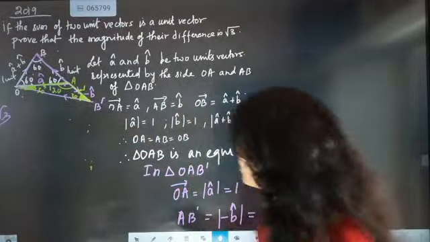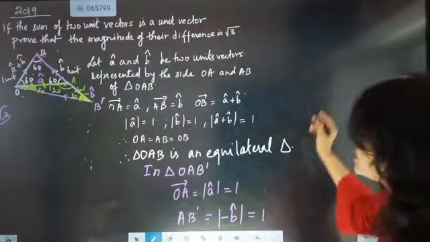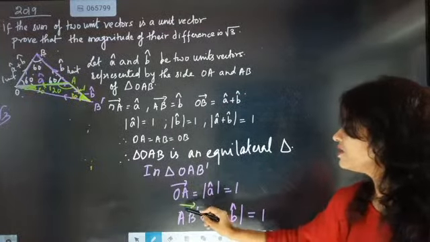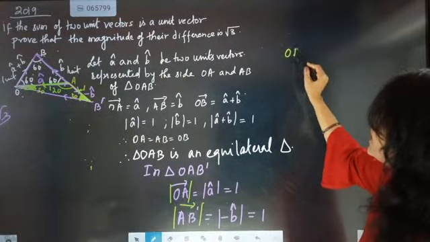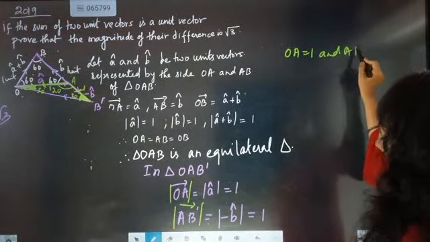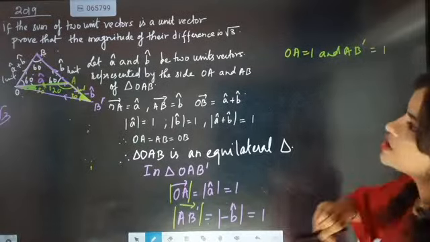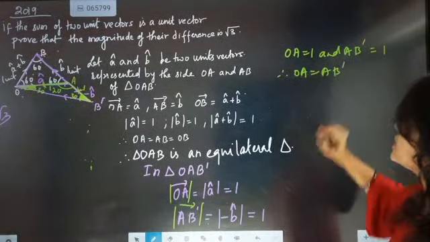So we are going to write the magnitude. Here the magnitude of vector AB dash will come as the magnitude of this. OA will be 1 unit and AB dash is equal to 1 unit, therefore OA will be equal to AB dash.